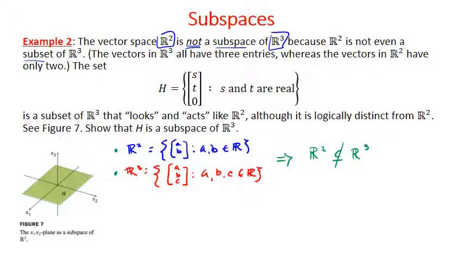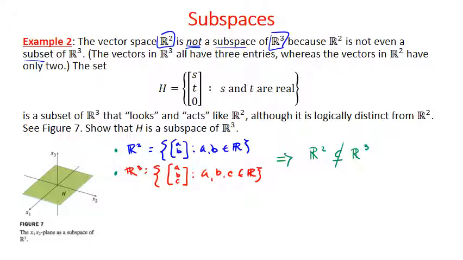R2 does not contain anything in R3 because R2 is the set of ordered pairs, whereas R3 is the set of ordered triples. So it may look like it and act like it, but it is not a subspace.